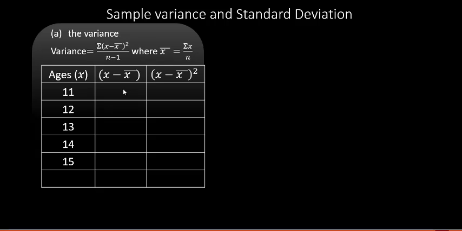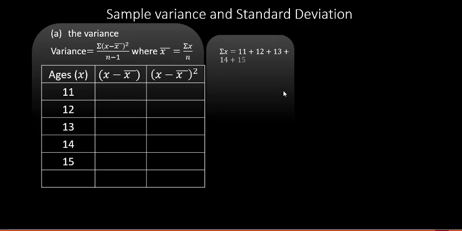To begin with, we subtract the value of the mean from each value here to get our deviations. Then in the second column, we square the values we got in the deviation column. After which, we total it, then substitute them back into the formula, and we can find our variance. That's the roadmap.